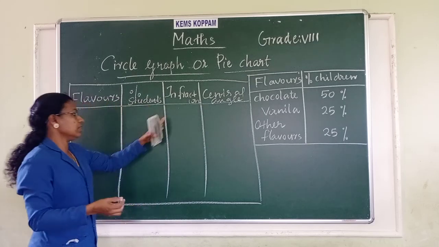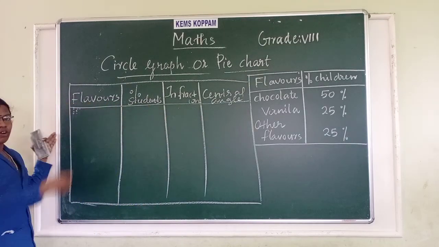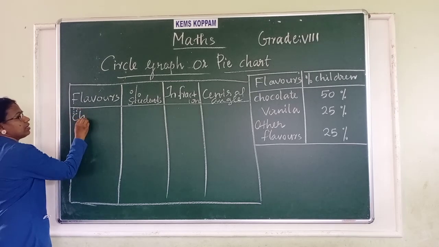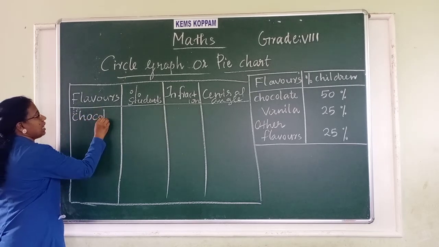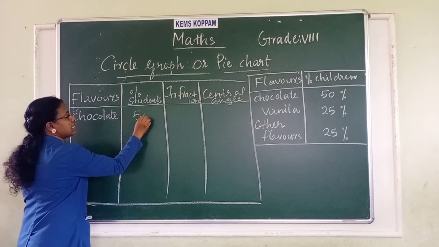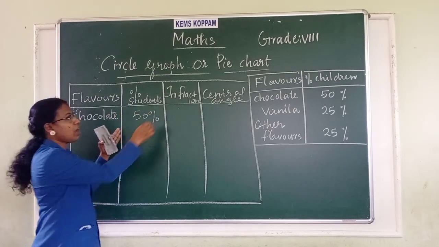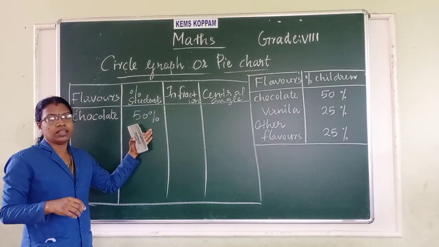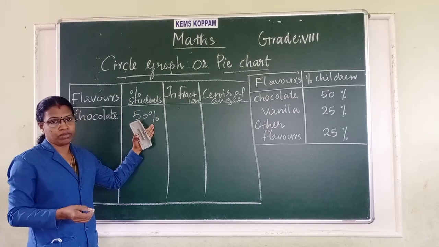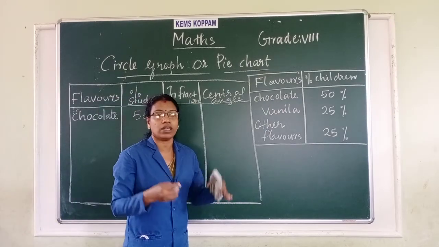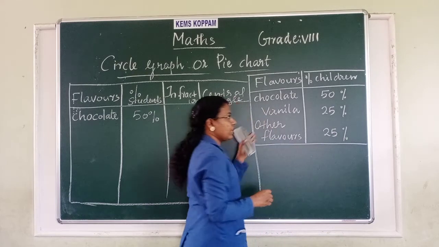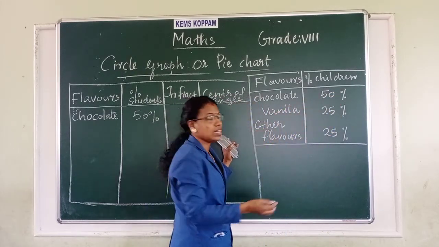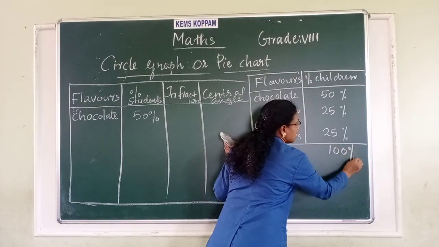First you have to draw 4 columns like this. Now write the data: chocolate, it is given as 50%. Now the next column, in fraction. That means we have to change this percentage into fractional form. For that, first we need to find the total frequency. Here the total frequency of the given data is 50 plus 25 plus 25, which is 100.